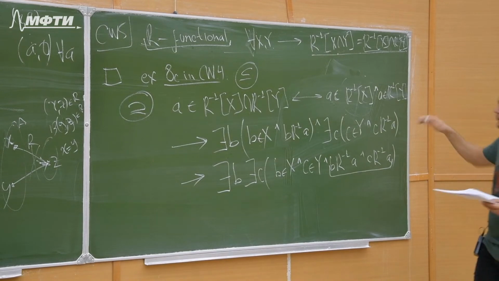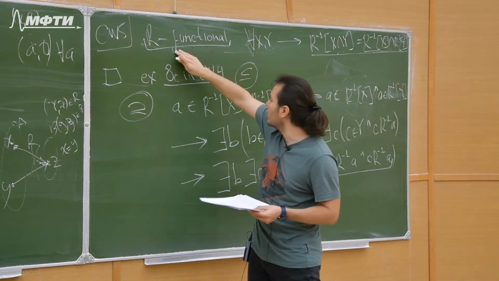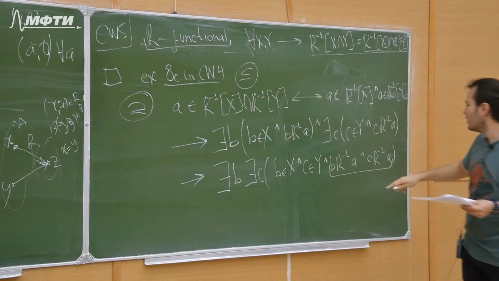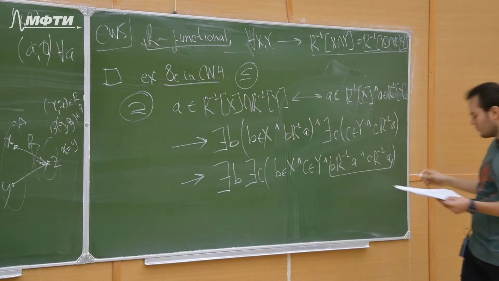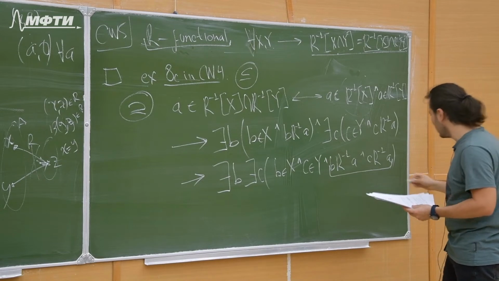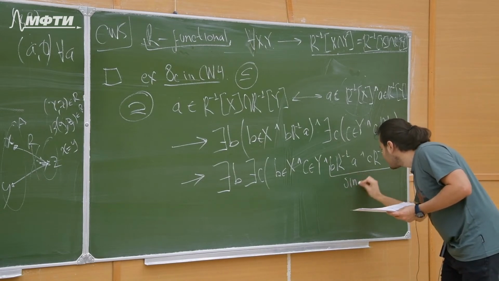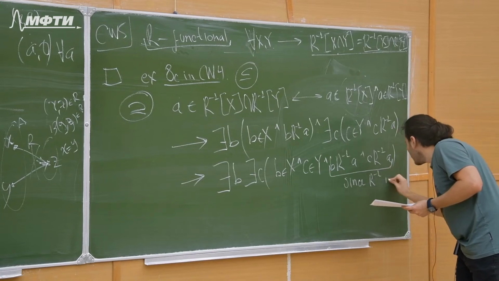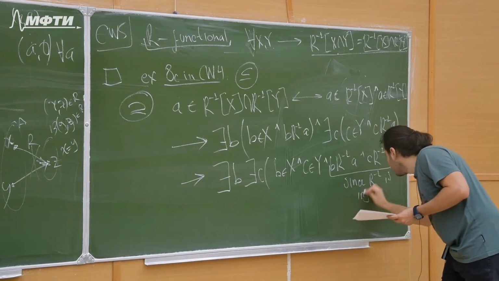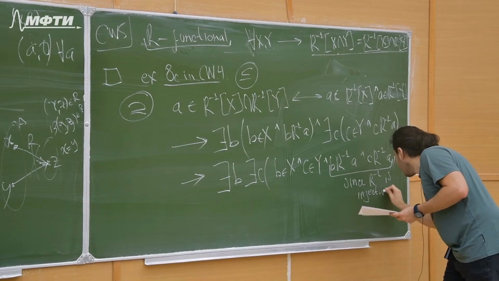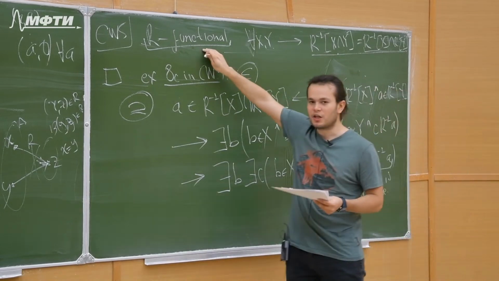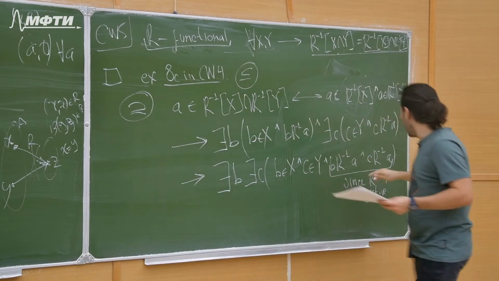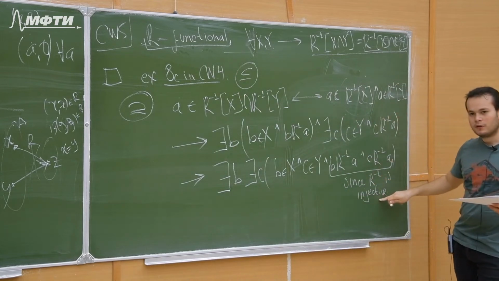Well, if R is functional, then R⁻¹ is injective, right? So we have that R is functional, it means that R⁻¹ is injective, okay?